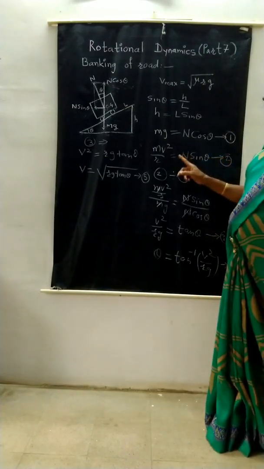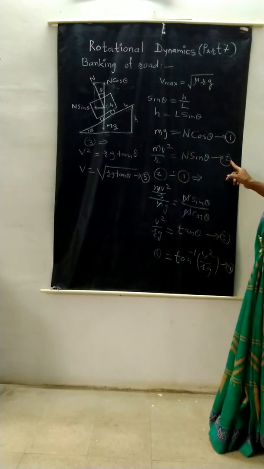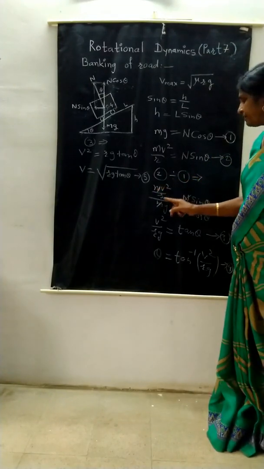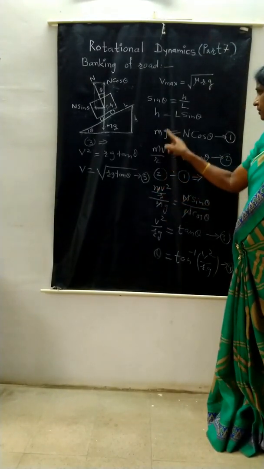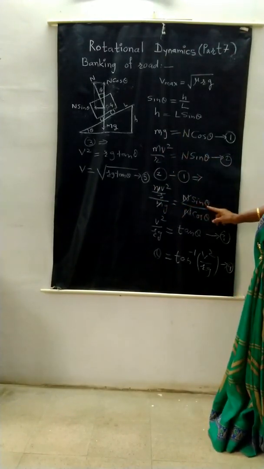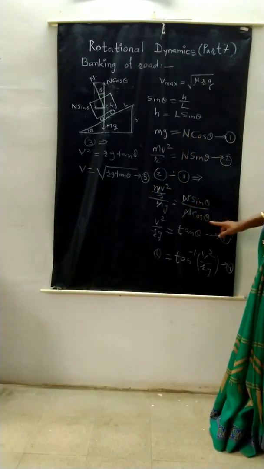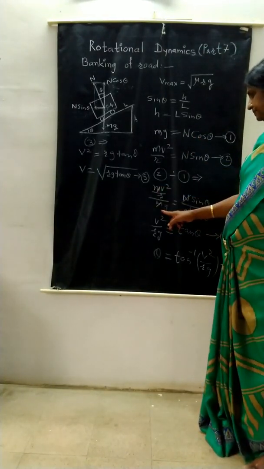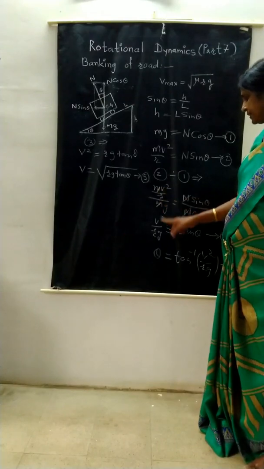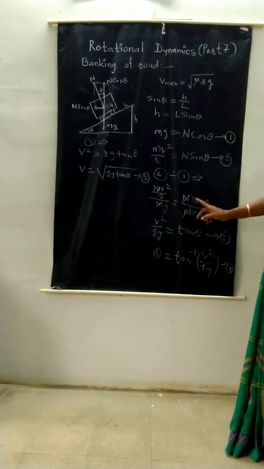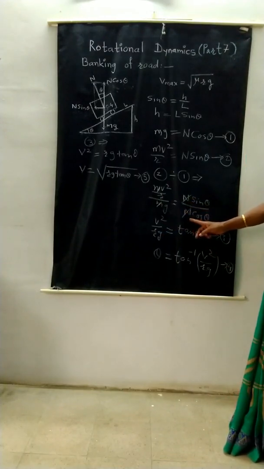Now, I am going to divide equation number 2 by equation number 1 to obtain mv square by r upon mg is equal to N sin theta upon N cos theta. Here m cancels. So, we get v square upon rg on the left hand side. On the right hand side N cancels.